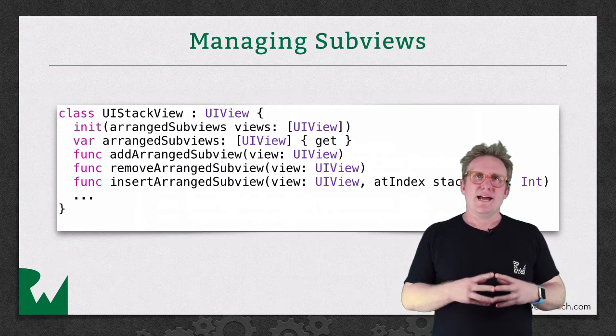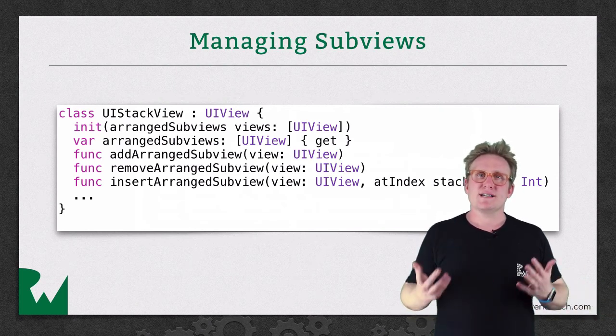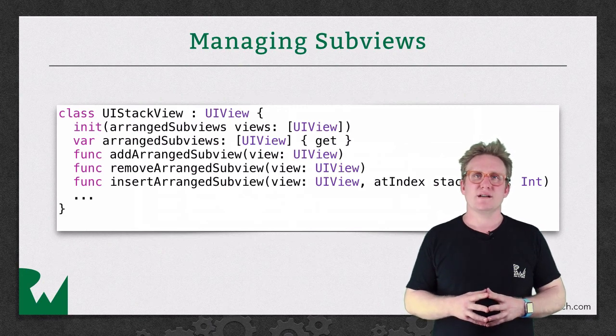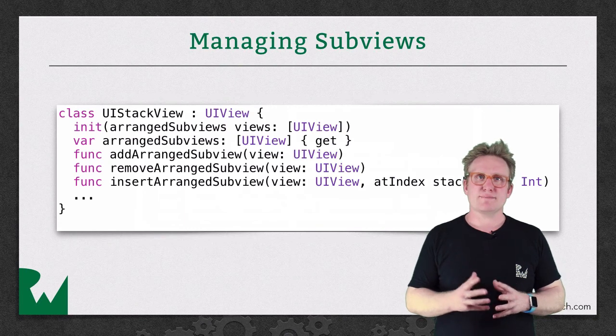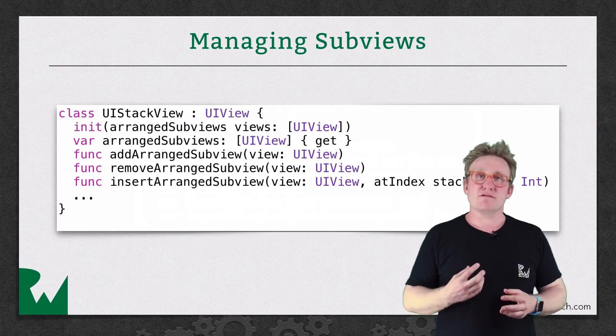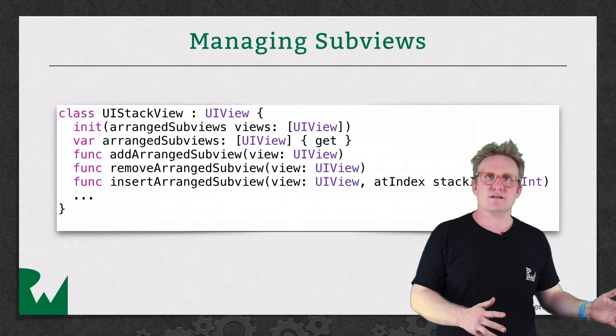The important part of UIStackView from the point of view of code is how do we manage those subviews? In addition to the subviews property that UIView has, UIStackView also has an arrangedSubviews property. This again is an array, and the ordering of that array specifies the order of the views in the stack view. Notice that it's read-only. In order to add subviews to this, you can use addArrangedSubview.